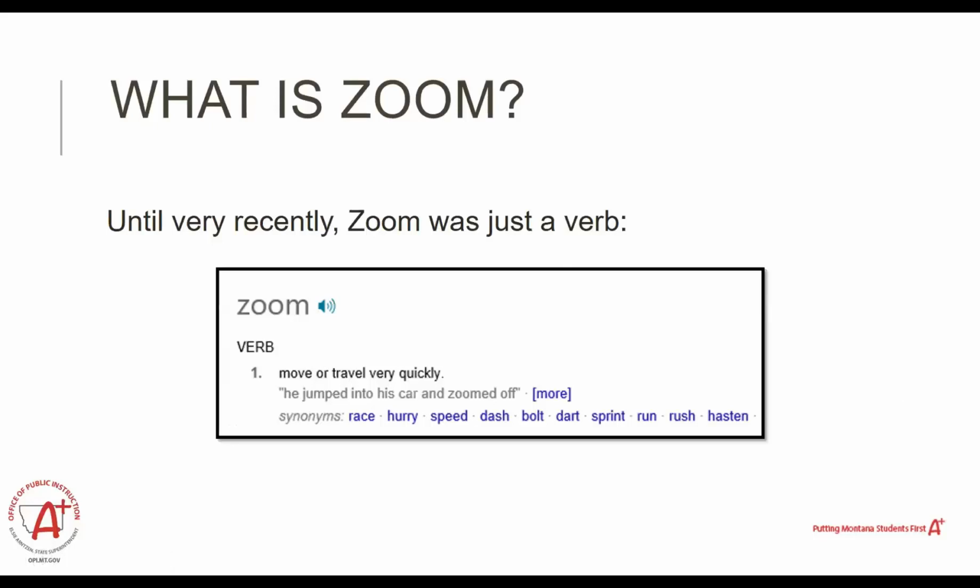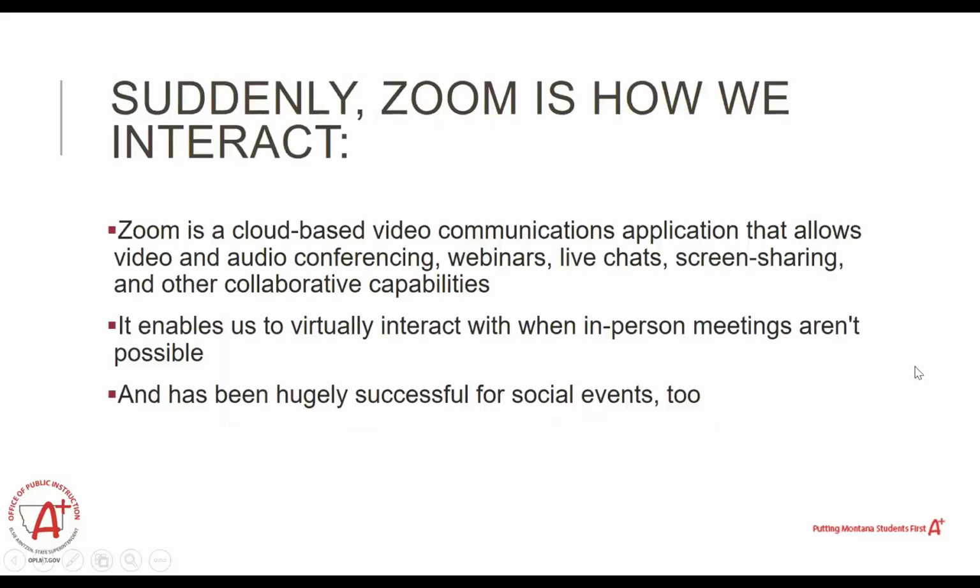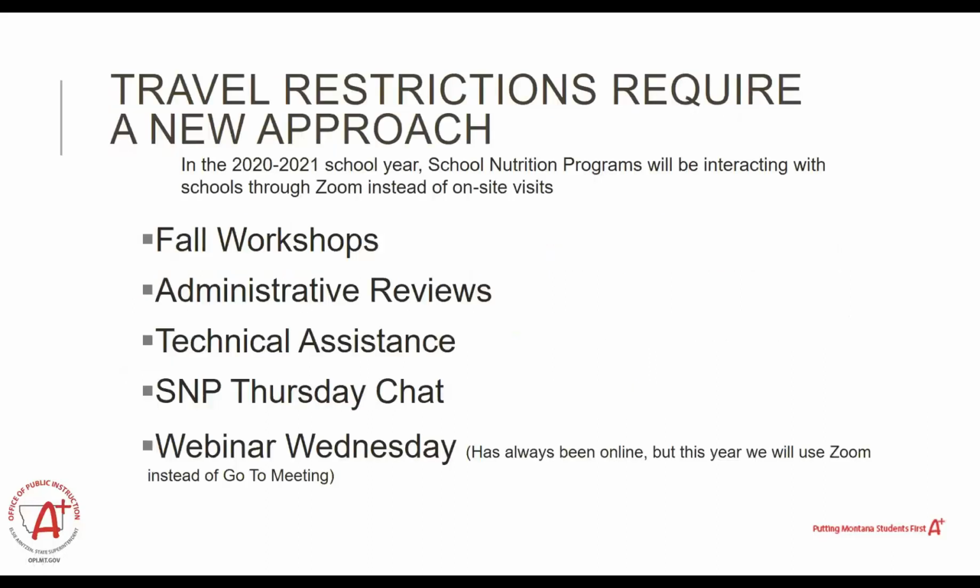We talked about this. So Zoom just came out of nowhere. And so we can go to the next one, and that just, again, is a review of we can't get together. And the next slide will show too, at OPI, we have things we would traditionally be planning right now and doing in the fall: workshops, administrative reviews, the other things that you see there on the list.